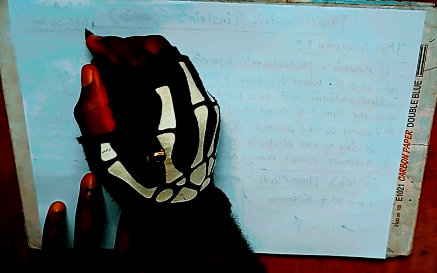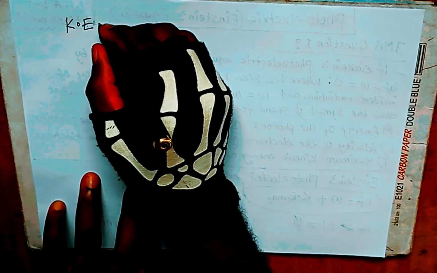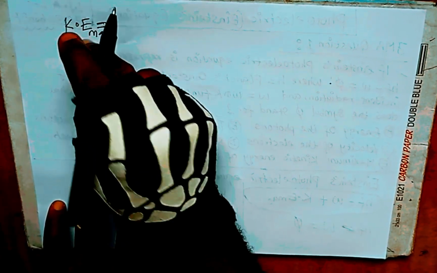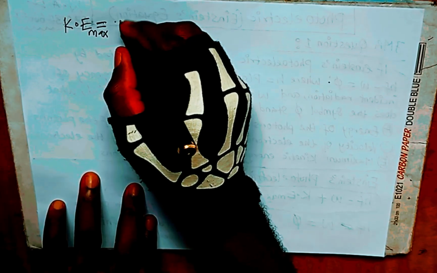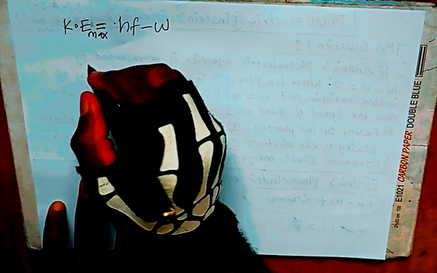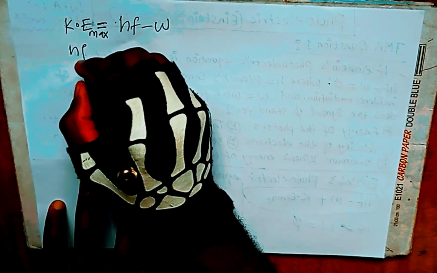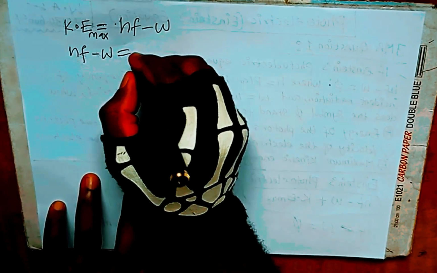So the standard formula, after making KE max the subject, gives maximum kinetic energy equal to hf minus W, the same as the one they gave us.